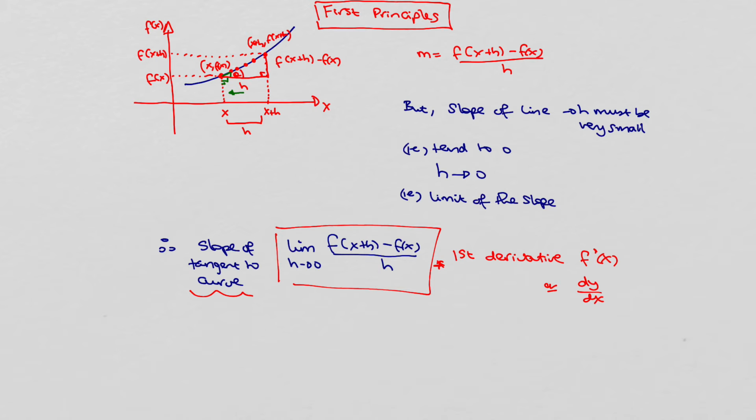But rather than using the formula, we're going to take that formula and break it down into 5 steps. So the first step is we're going to let f of x equal the function. The second step is we have to find f of x plus h.